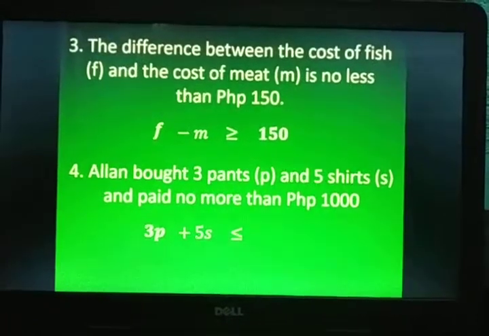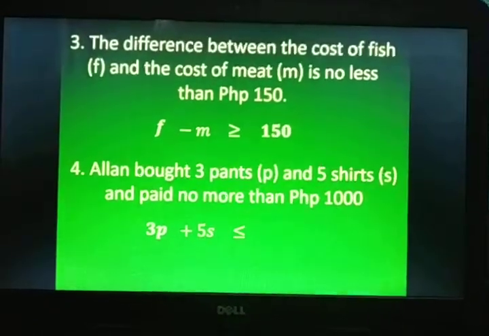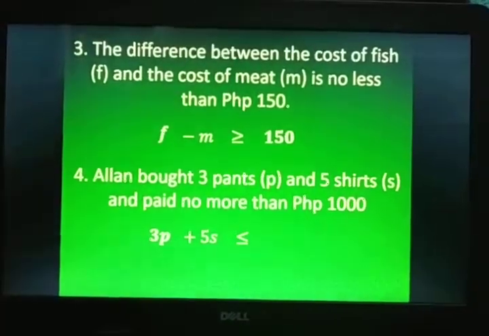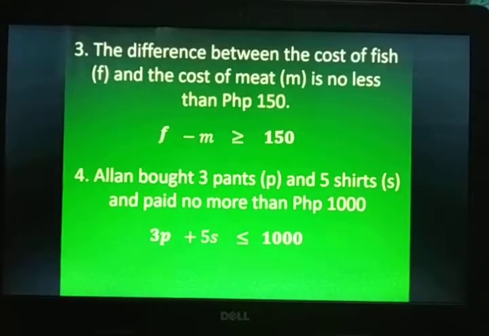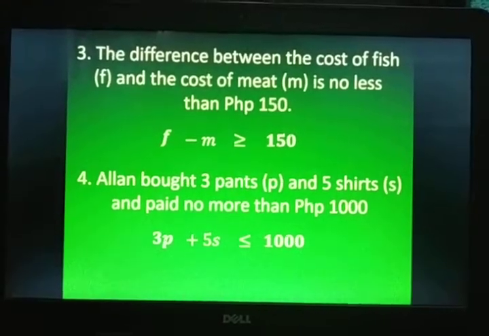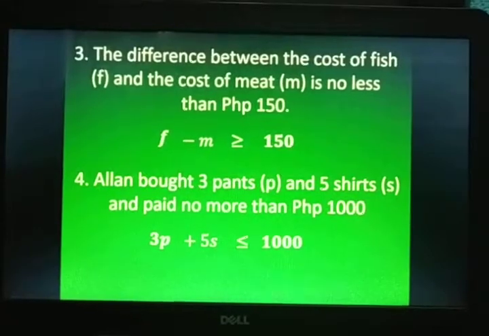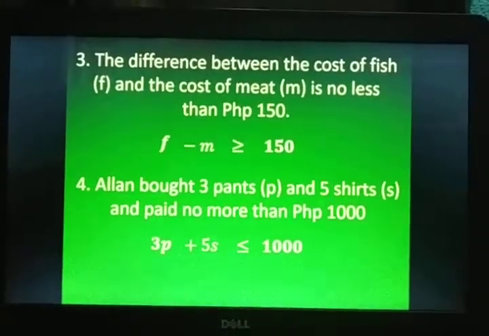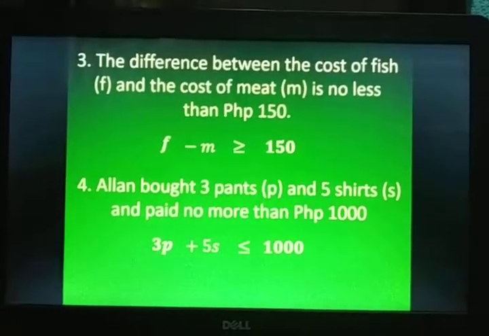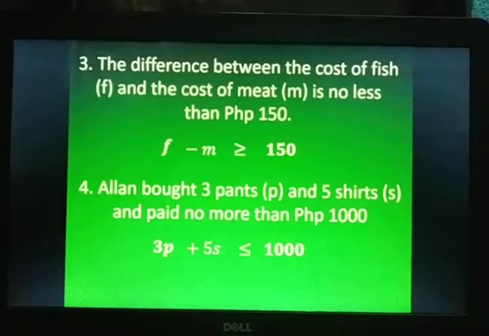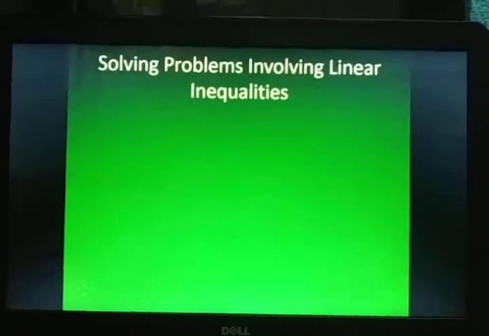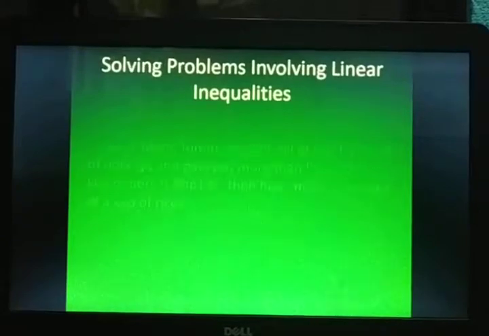No more than means less than or equal to 1,000. So we have 3P plus 5S is less than or equal to 1,000. So you have to understand the words and how to translate them into mathematical statements so that you'll get the correct mathematical statement. Okay, let's solve problems involving linear inequalities.